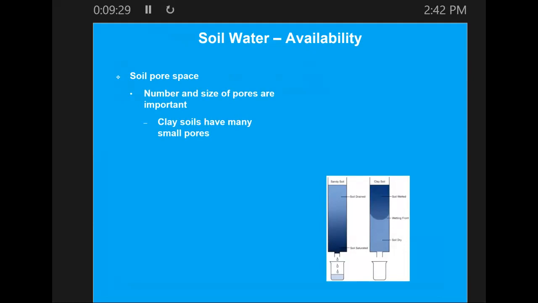So they have tiny pores in between those tiny particles. In sandy soil, the soil particles are much bigger. The pores are much bigger. That has a big impact on water availability and how much water is being held in those soils. So clay can hold more water than sandy.